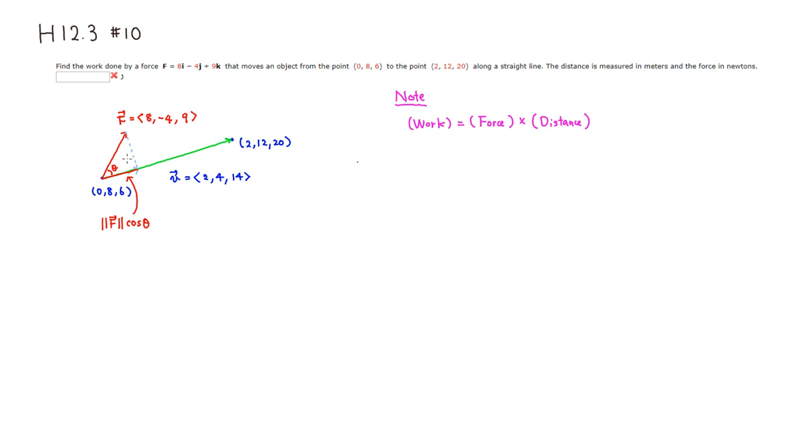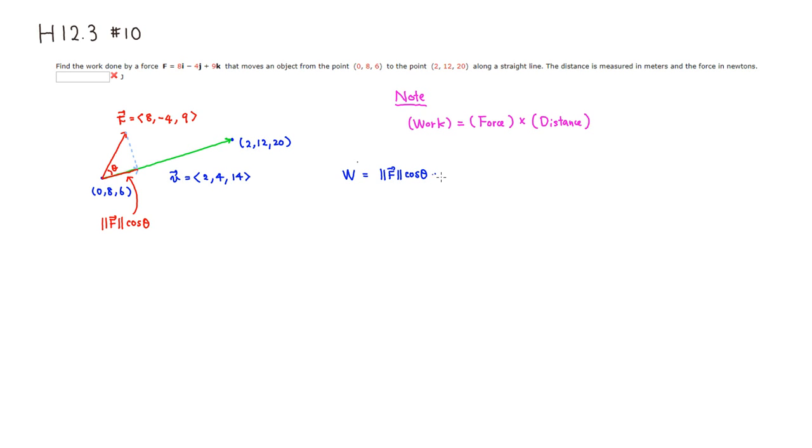To find the work, which I'll call W, remember that work is force times the distance traveled. So you have the magnitude of vector F cosine of theta, multiplied by distance.